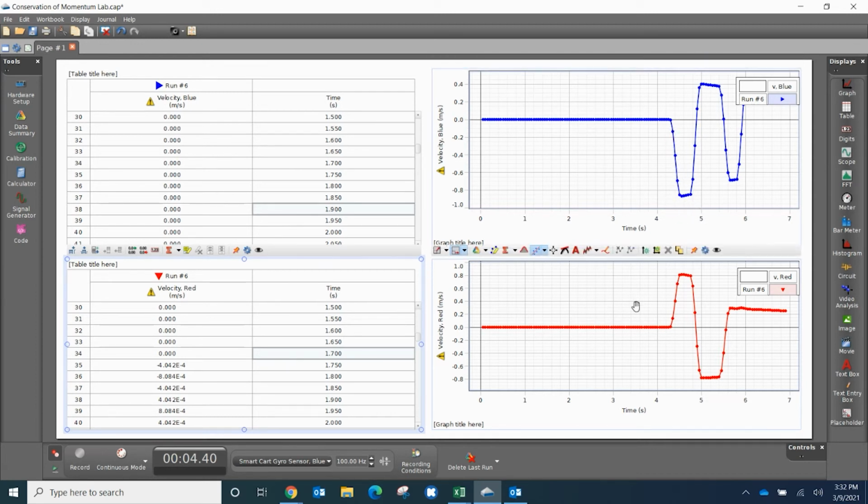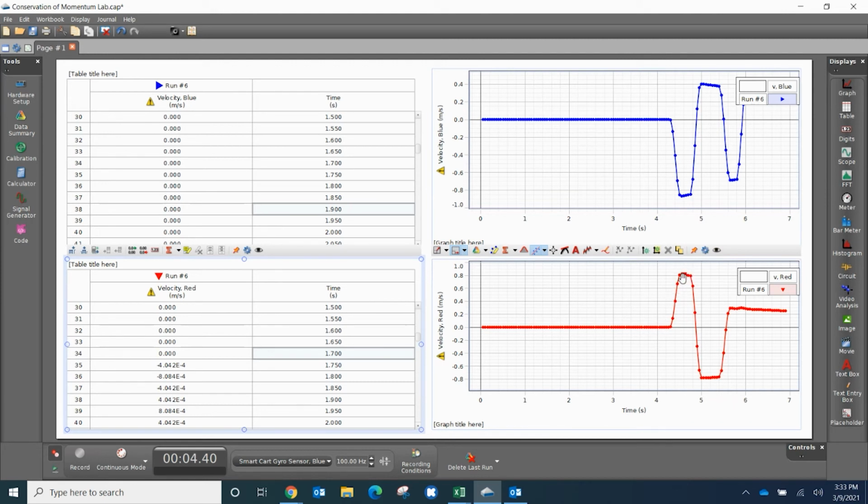In this case, I don't remember exactly which run this was, but it looks like they have just about a little bit more than 0.8 meters per second. So they're just about the same. I'm going to guess this is where both carts do not have extra mass in them since the velocities are so similar. Okay, now in this case, with the internal explosion, this actually works out, right?